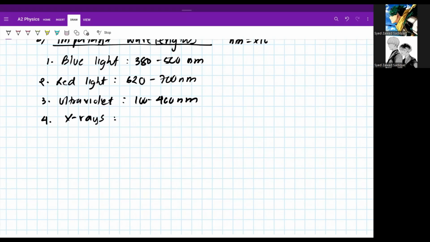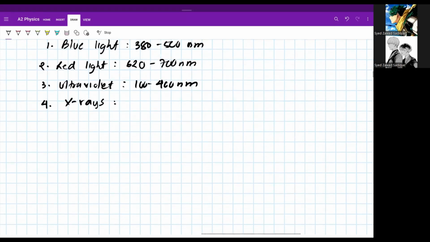I think it was 0.1 to 1 nanometer. I'd have to check. Sorry, so it was 0.01 to 10 nanometers for X-ray.